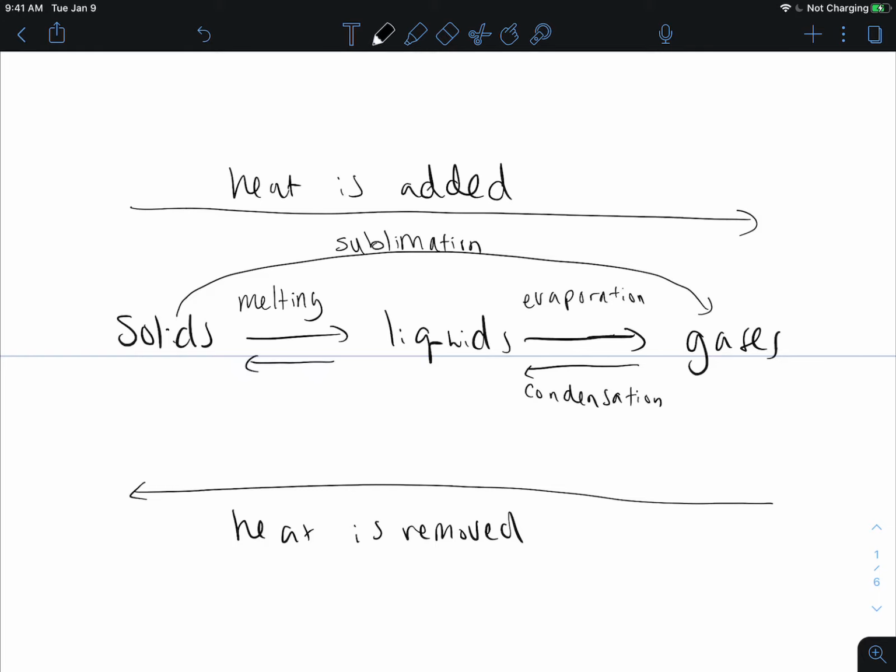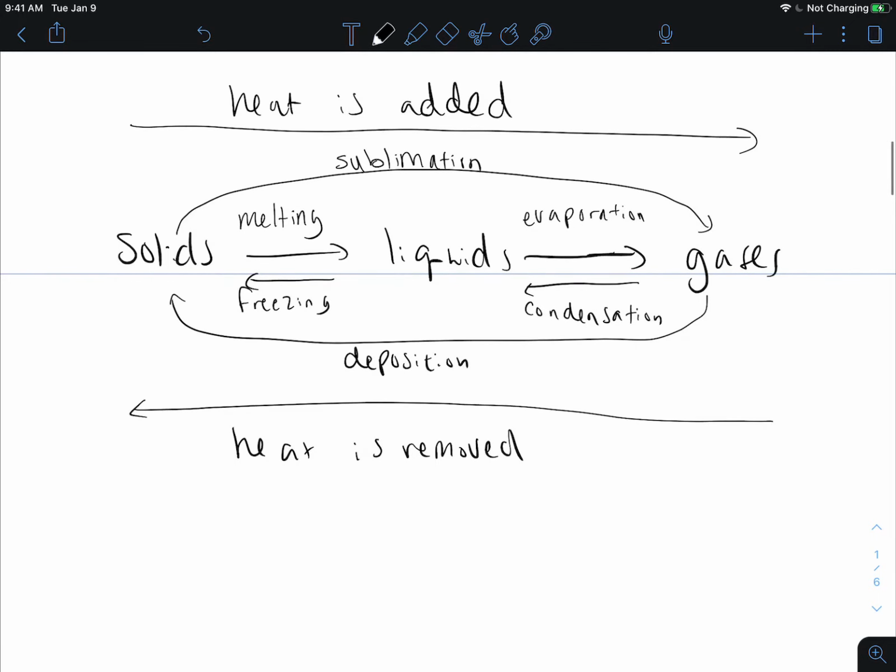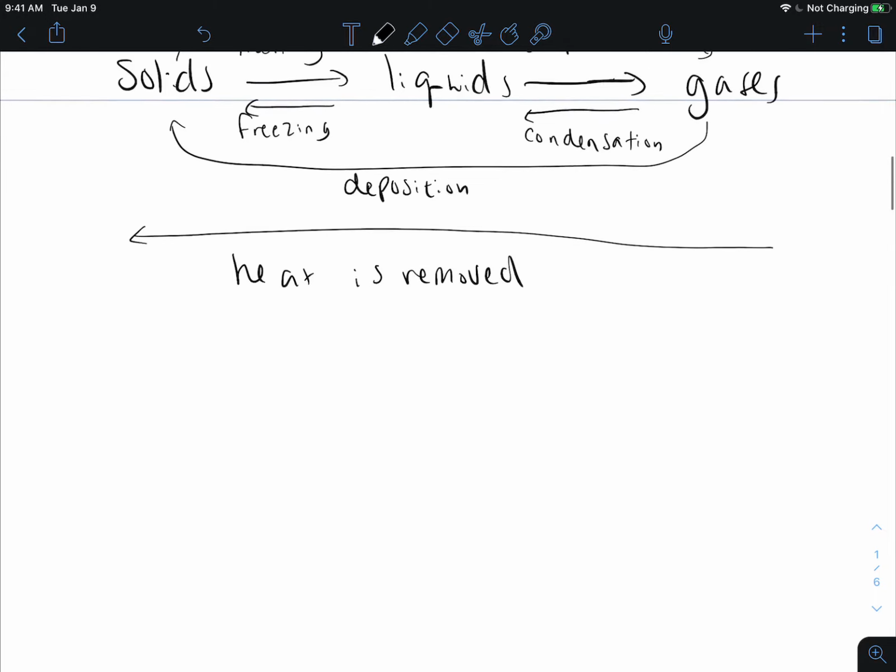Liquid to a solid is freezing. And then going from our gases to our solids is deposition. Okay, so going from our solids to our liquids to our gases, as I said, that increases our kinetic energy, so we have to increase the amount of heat.